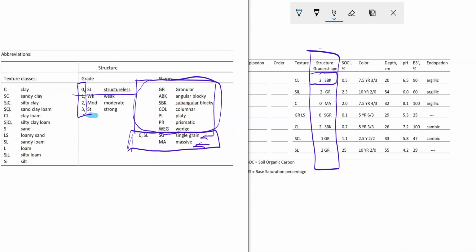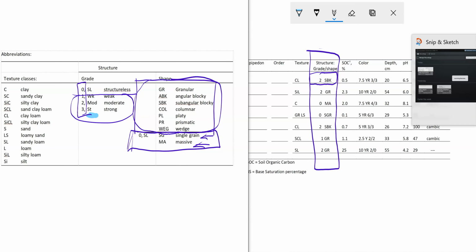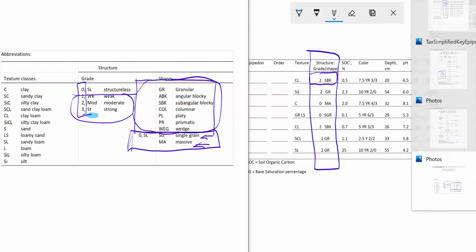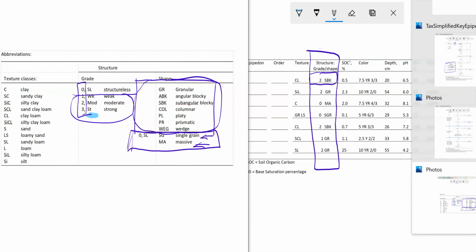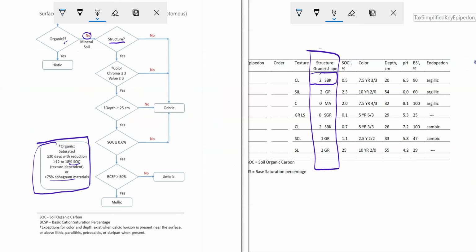It doesn't matter if it's weak, moderate, or strong. It can be any of those three, but is it granular, angular blocky, subangular blocky, columnar, platy, prismatic, or wedge? If it's any of those things, it has structure. So when we ask whether this soil has structure, we have to answer yes, it does, because in this case it's subangular blocky.